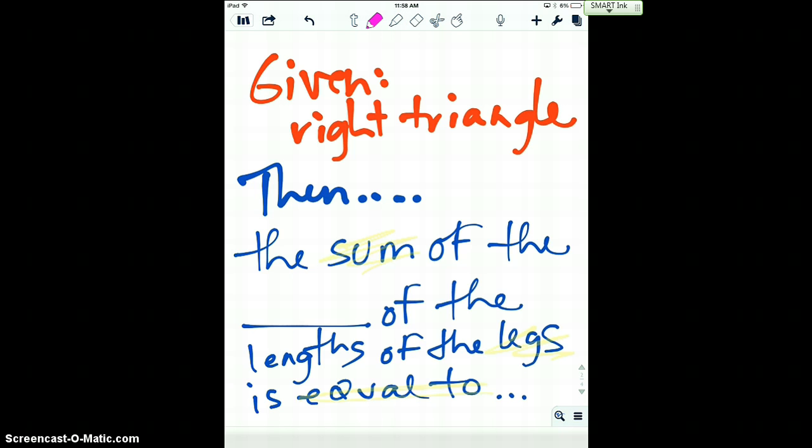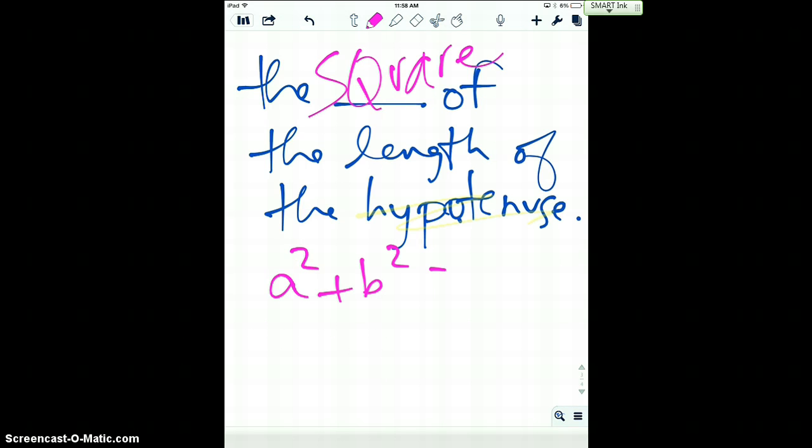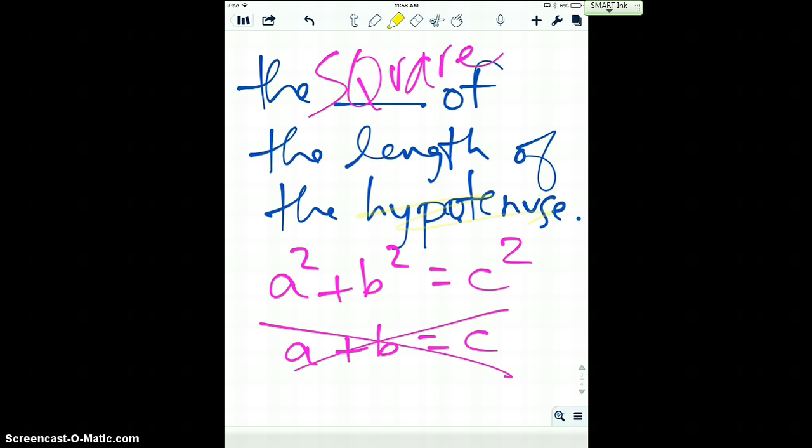The sum of the squares of the lengths of the legs is equal to the square of the length of the hypotenuse. You're like, what? Yeah, because this is the Pythagorean theorem, not this. The magic exists in the Pythagorean theorem in the squares.